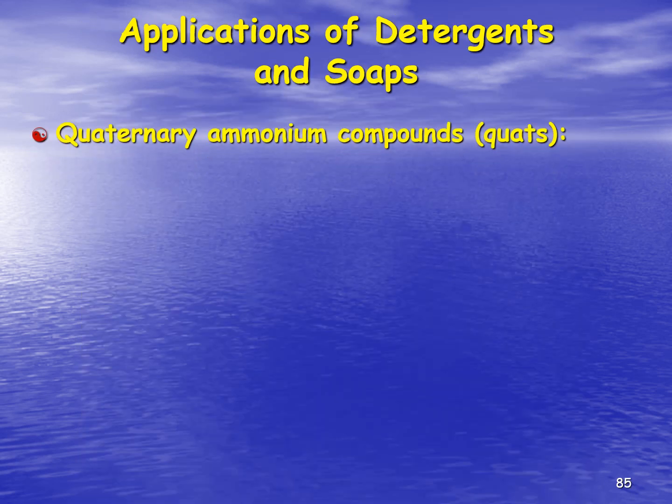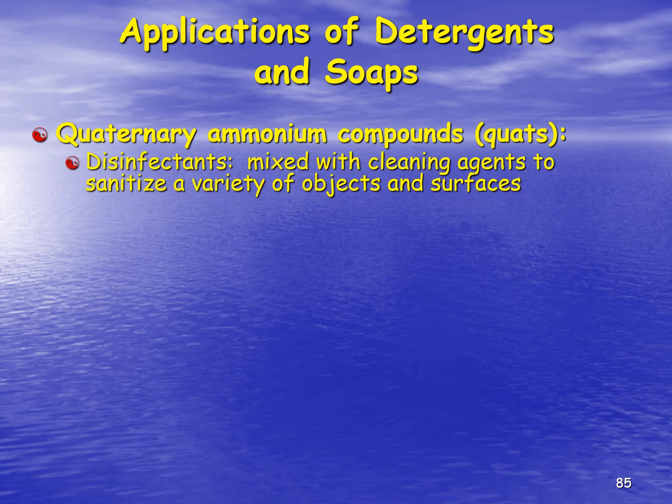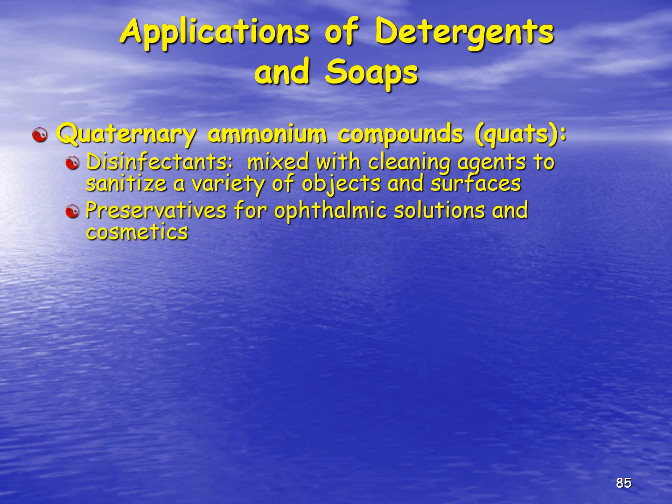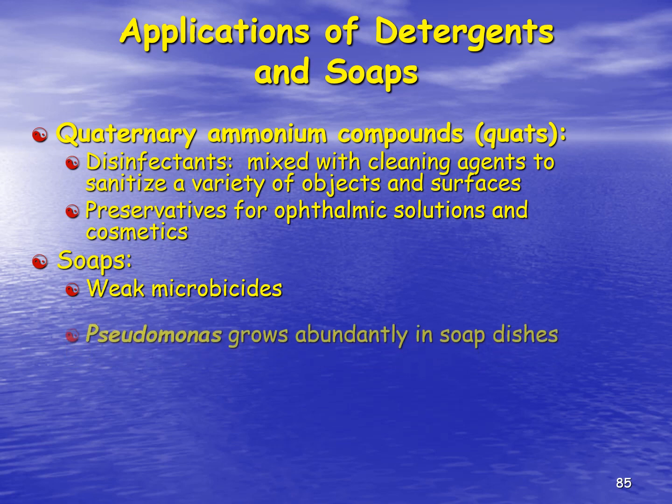The quaternary ammonium compounds, or the quats, also are found in many of our detergents and soaps. It is a disinfectant. It's usually mixed with other cleaning agents to sanitize a variety of objects and surfaces. It's found as a preservative for most ophthalmological solutions and even certain cosmetics. In soaps, they are very weak microbicides.